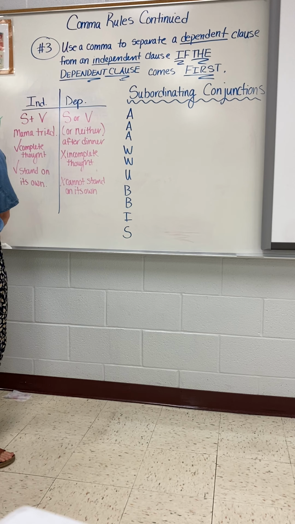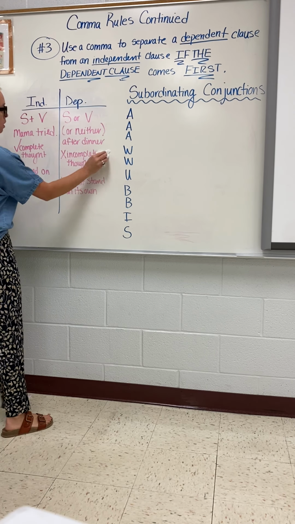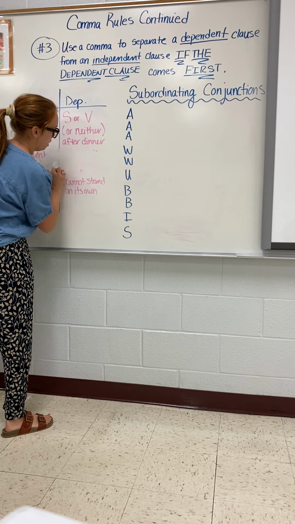So again, if you read the comma rule, it says you only use the comma to separate the independent and dependent clause if the dependent clause comes first. So I'm going to show you an example of that, and I'm going to use this dependent clause that I've already created, after dinner. So remember, after dinner is a dependent clause.